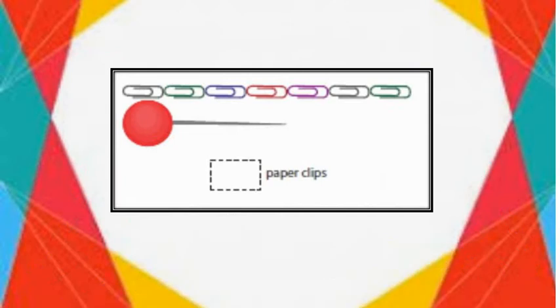Here we are having the image of a pin. This is a pin. For comparison, we are having paper clips here. This is the end point. It is up to 1, 2, 3, 4 paper clips.